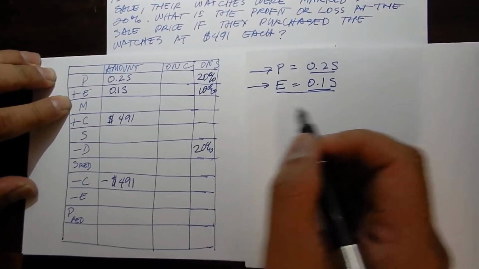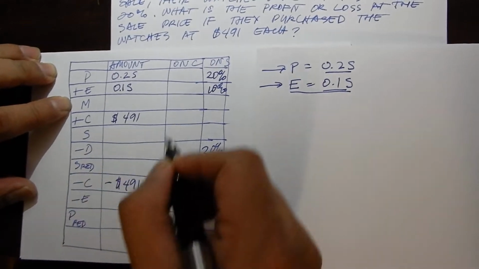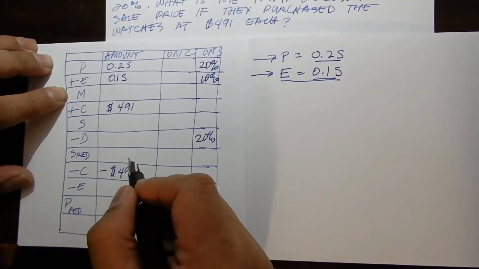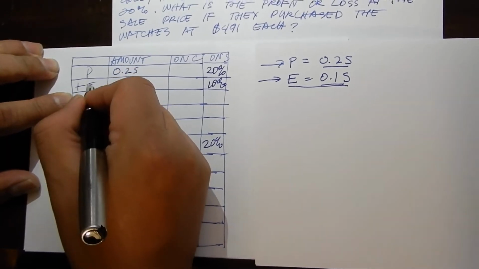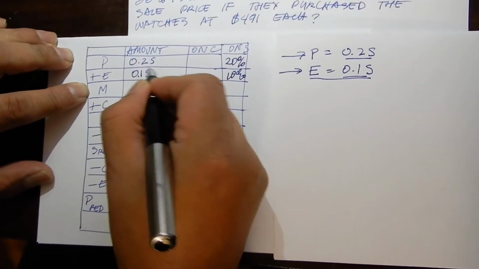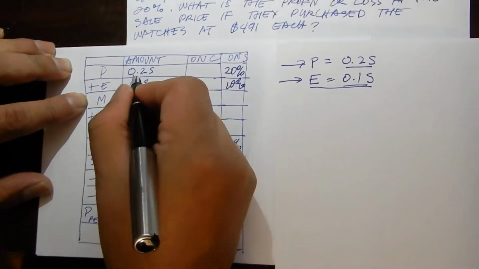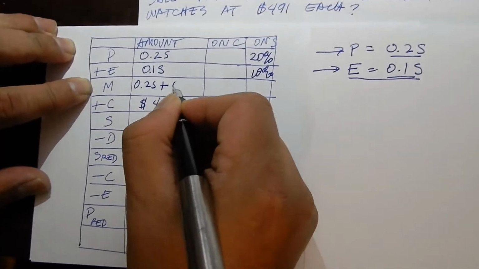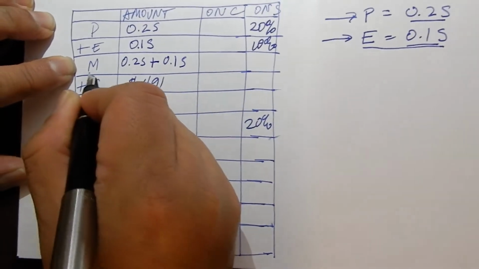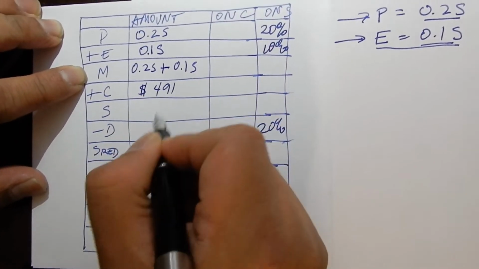Okay, now we can still proceed and fill up the rest of the boxes in the table. M is P plus E, so we add these two algebraic terms. That would be 0.2S plus 0.1S to get the markup in algebraic terms.